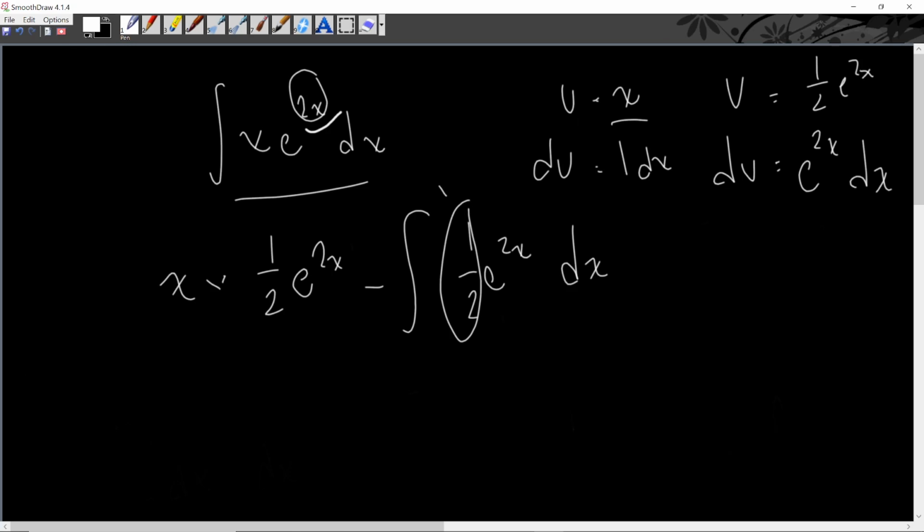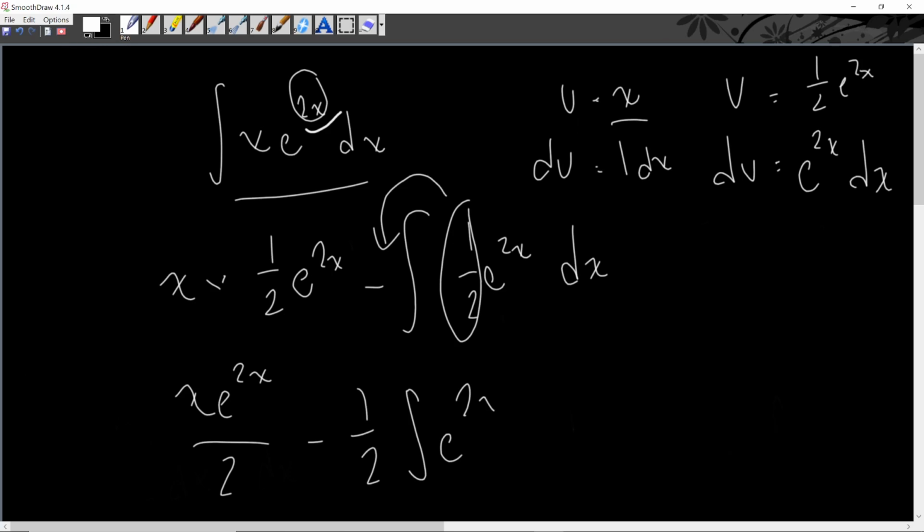Now let's just bring this out there. So we're left with, let's have constants in our denominators, 1/2 times the integral of e to the power of 2x dx, which again we said was going to be 1/2 e to the power of 2x.